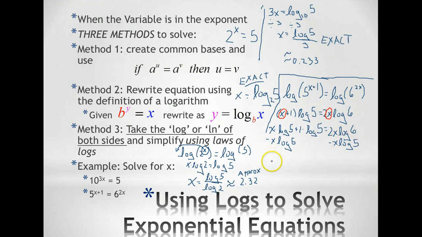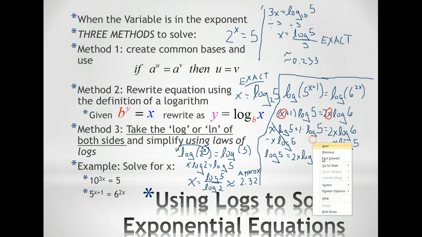So I cannot do anything except write them next to each other. So I'm going to do that. Let me make this line a little longer here. So I have the left-hand side is just log 5 because these canceled. And the right-hand side, I have 2x log 6 minus x log 5.